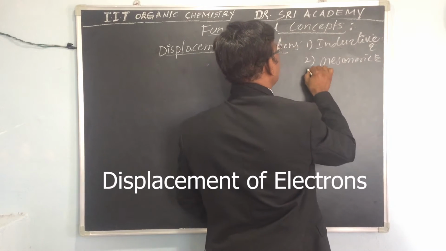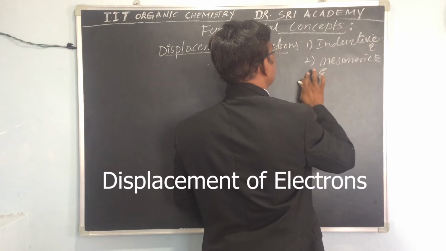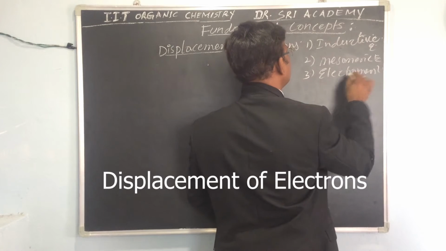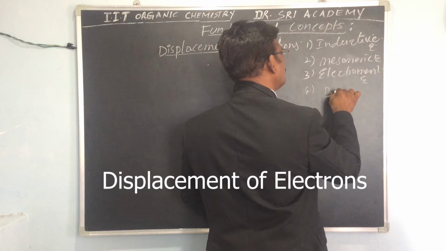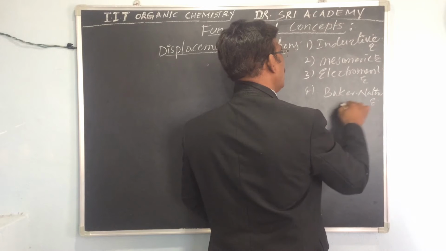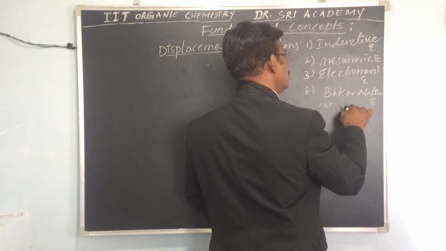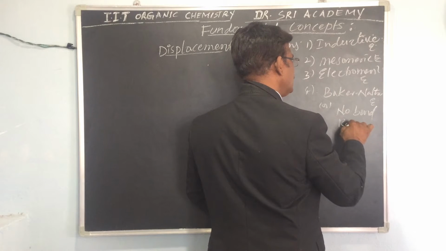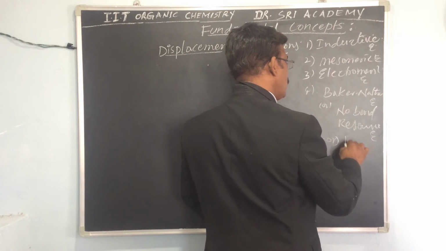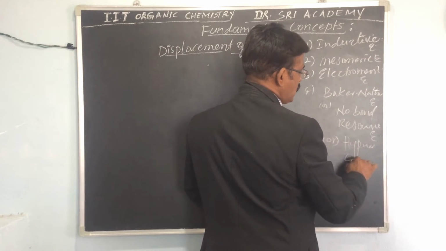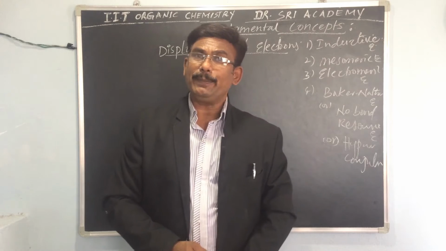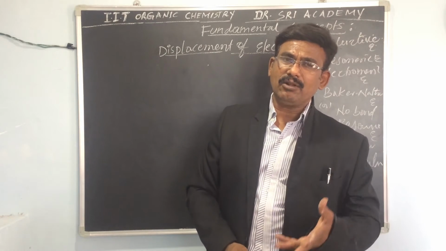The third one is the electromeric effect, and the fourth one is the Baker-Nathan effect, or no bond resonance effect, or hyperconjugation.